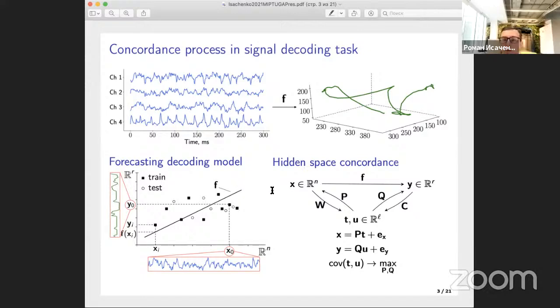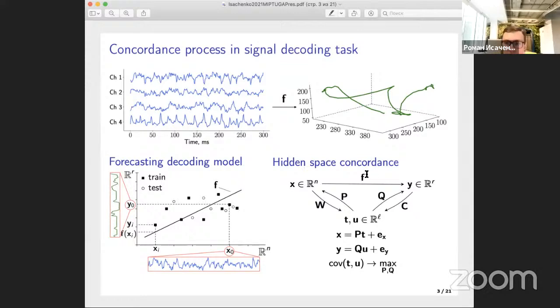The complexity of this problem lies in the fact that at each moment of time t, the forecasting decoding model has to predict a vector consisting of successive moments of the target signal. To construct an adequate model F, we propose a procedure for dependencies concordance.